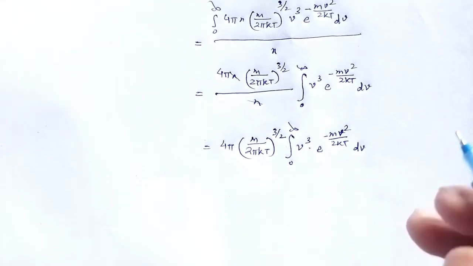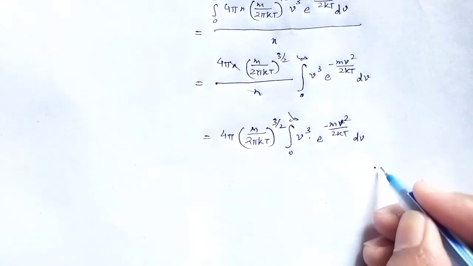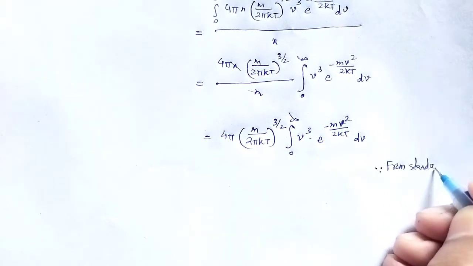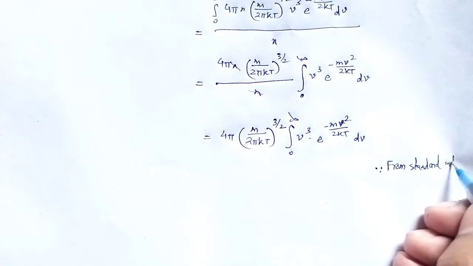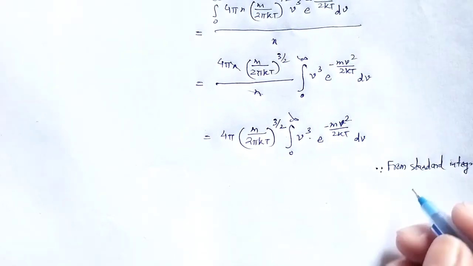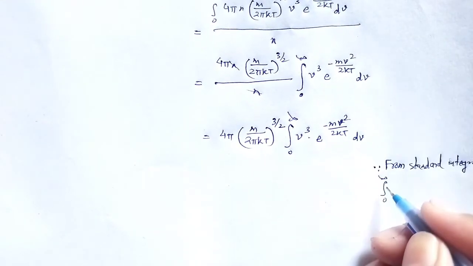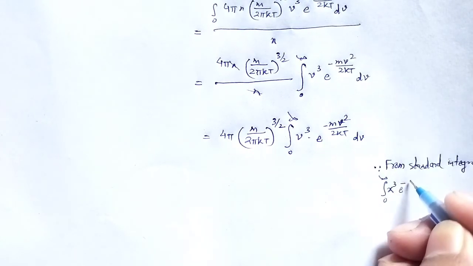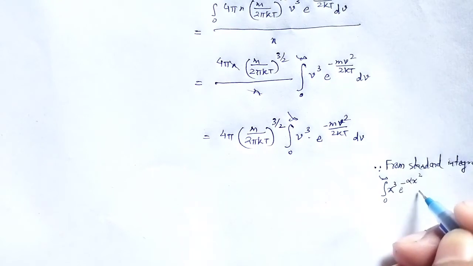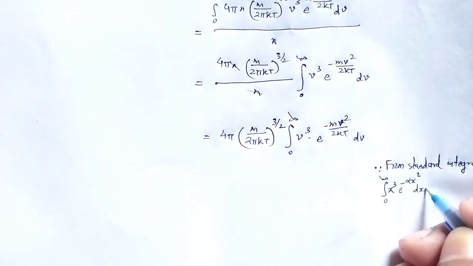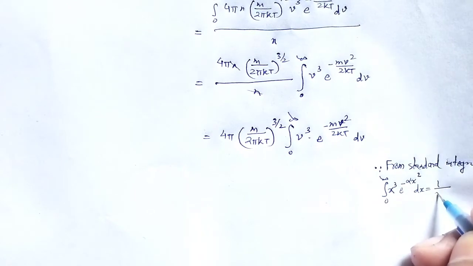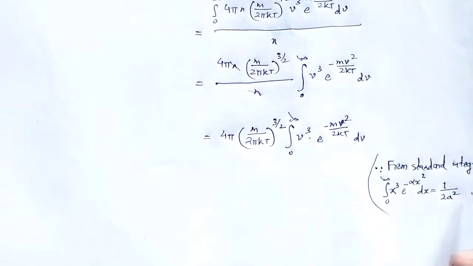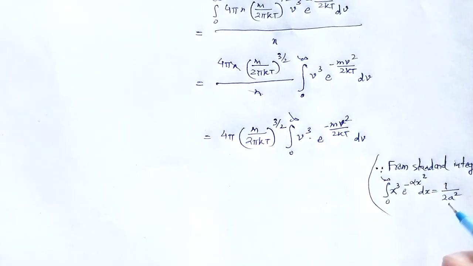Here we use the standard integral: integration from 0 to infinity of x cubed e to the power minus alpha x squared dx is equal to 1 by 2 alpha squared.